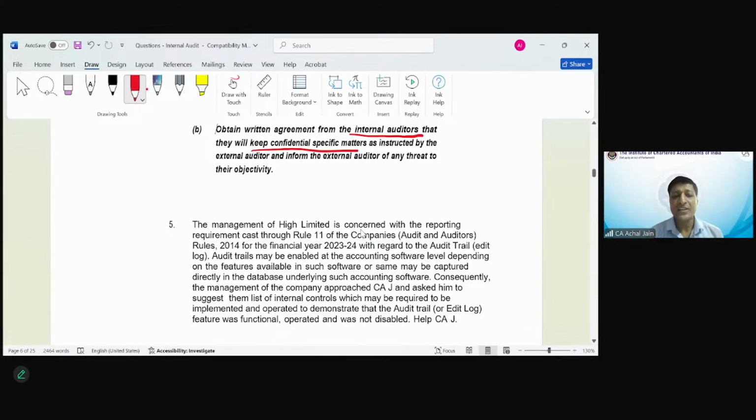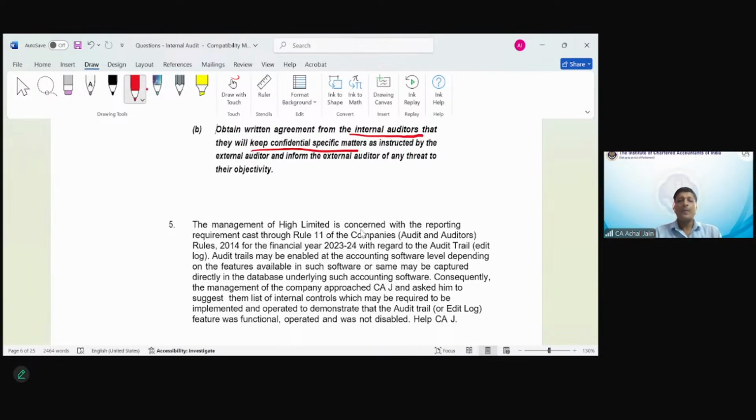All right, moving on to the next one. Management of I Limited is concerned with the reporting requirement related to audit trail. Audit trails may be enabled in the accounting software, depending on the features available in respect of such software. Consequently, management of the company approached CA J and asked him to suggest a list of internal controls which may be required to be implemented and operated to demonstrate that the audit trail or audit log feature was functional, operational, and not disabled.